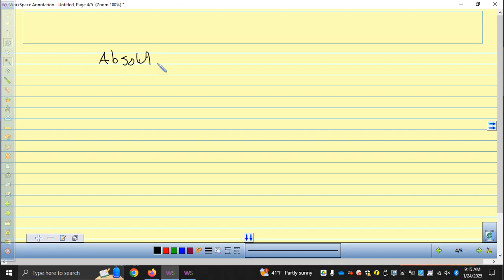The absolute error, just so we have some terminology here, is the absolute value of the actual value minus the approximation. That's just the difference.